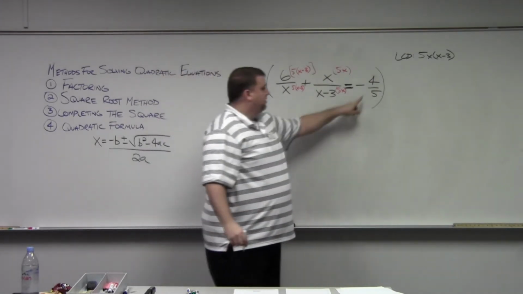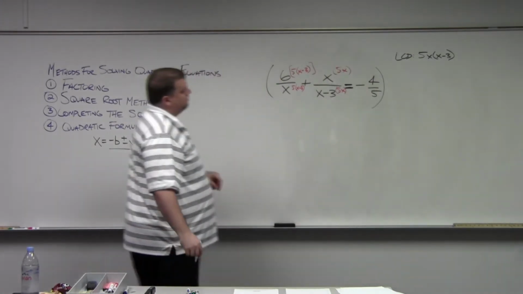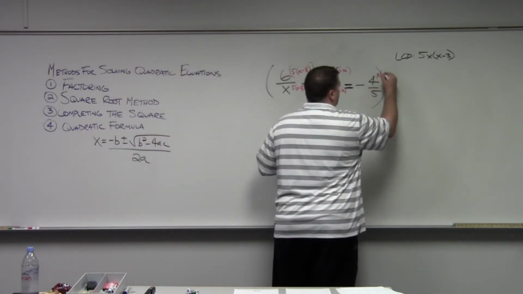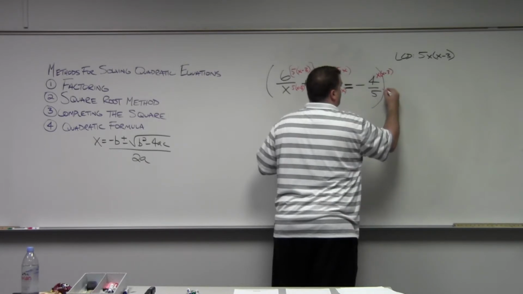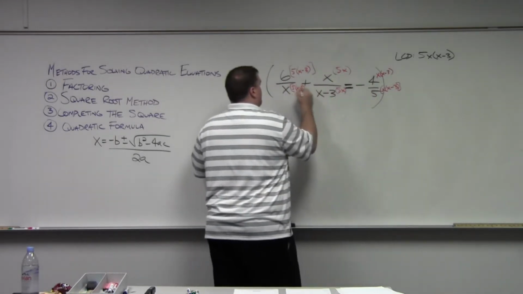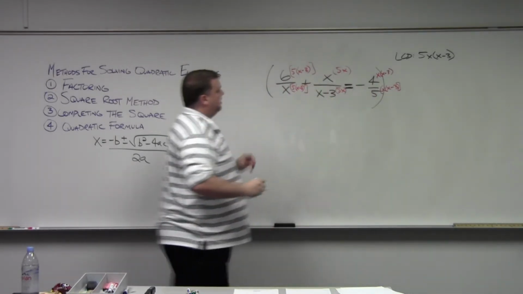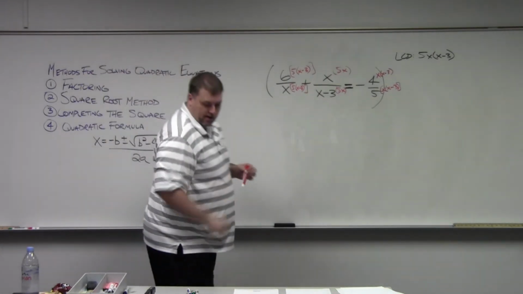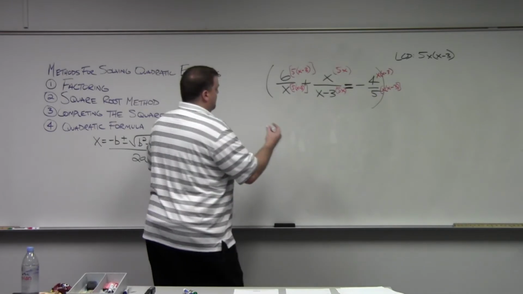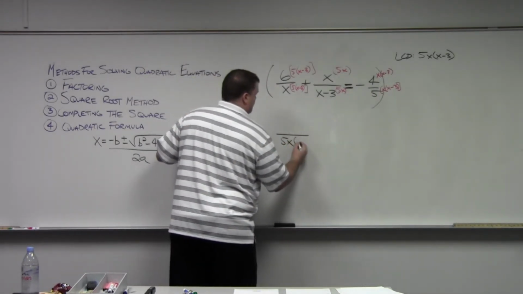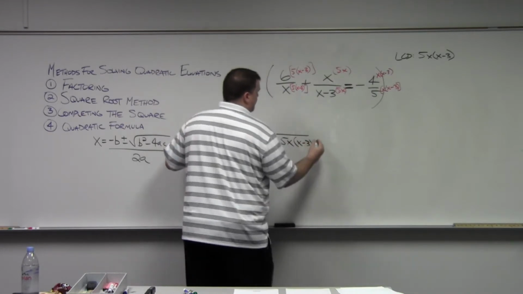And this last fraction, what is it missing? x times x minus 3. Correct. It's missing x and x minus 3. So let's rewrite our fractions. They're all going to have the same denominator now. Our LCD, 5x times x minus 3.